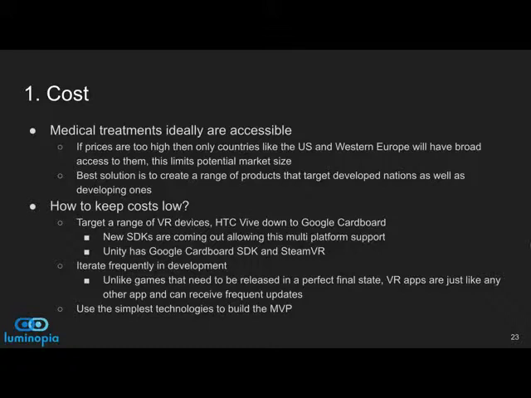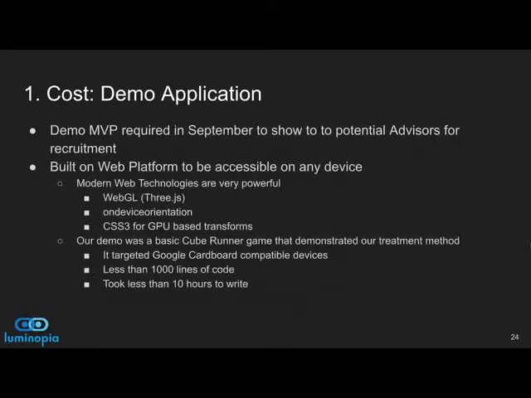And then another important thing for cost is use the simplest technologies to build your prototypes. It's great to try learning new technologies and jumping into new things, but that's going to hurt you cost-wise, and it's best to use familiar and simple technologies for building an MVP. And I'll provide a quick example of that from our experience at Luminopia.